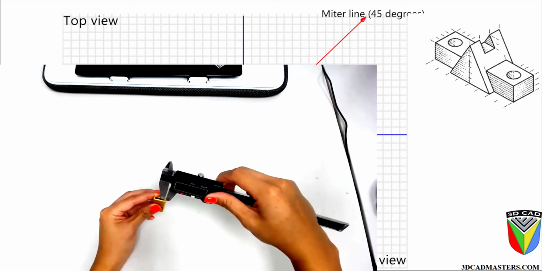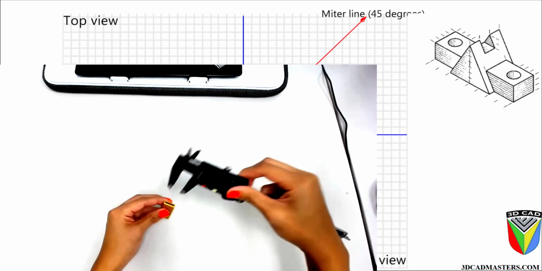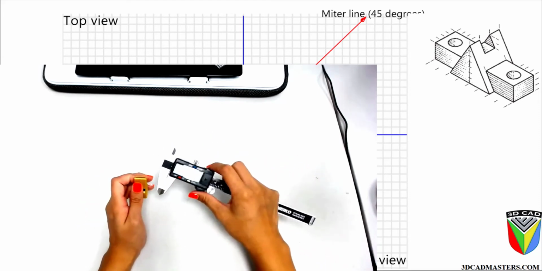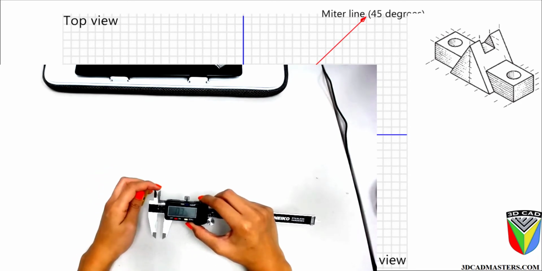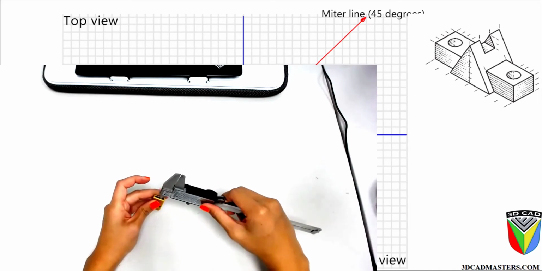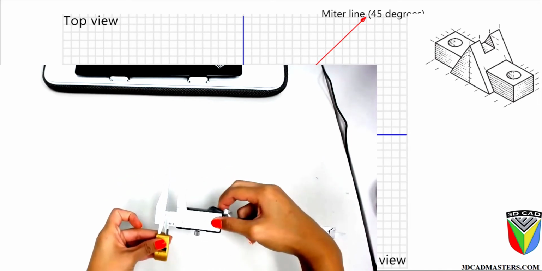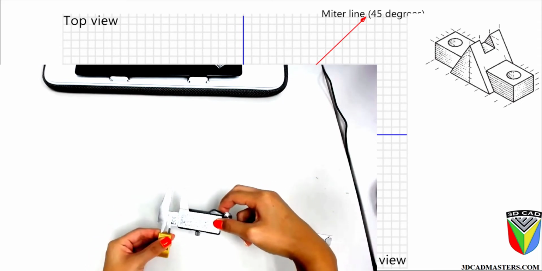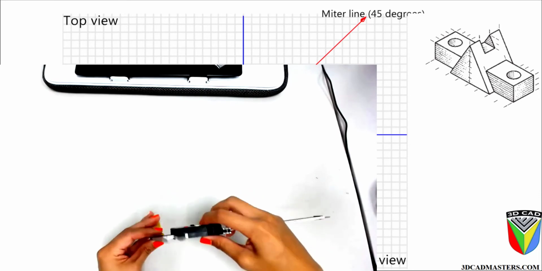You could measure each edge and then measure the whole thing completely, but that is very time consuming. So what they have on this end here is a side for measuring from the inside of something. You're going to do the exact same thing. You're going to pull and see how it comes apart and meets each edge. So now I'm going to zero it out.